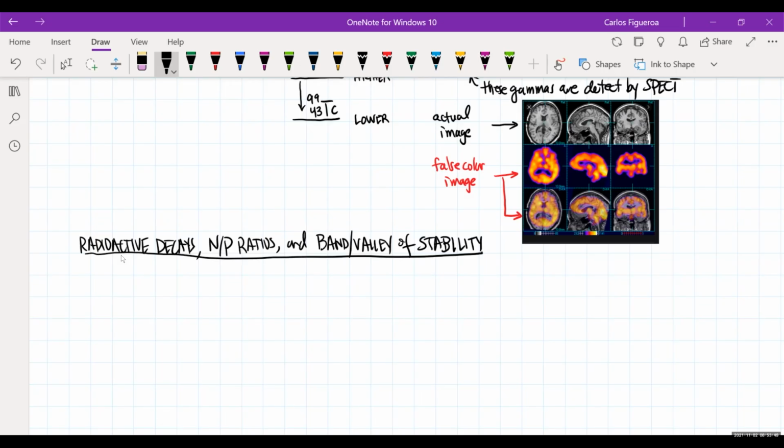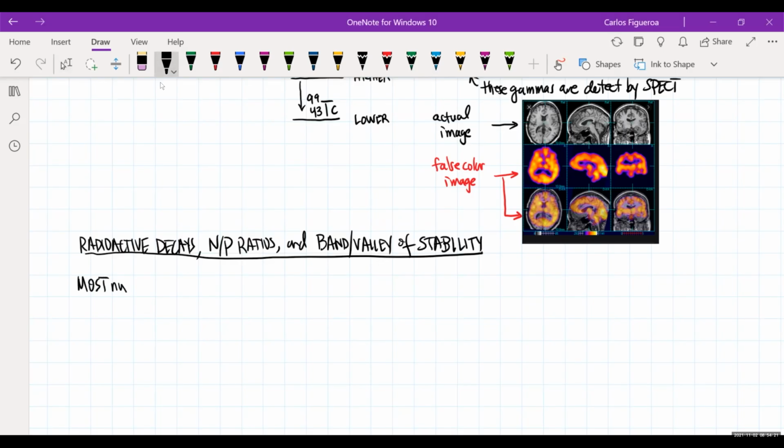So once again, when I look at my band, I know that the black band is only 15% of all nuclei or all isotopes. 85% are unstable. So what we'll do here is look at the stable nuclei first. And what do we know about them?